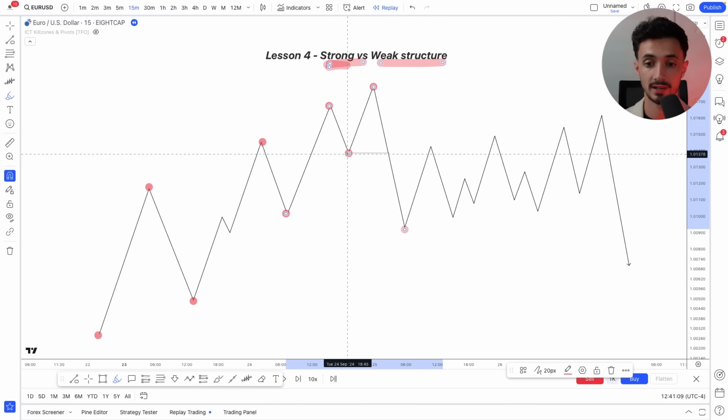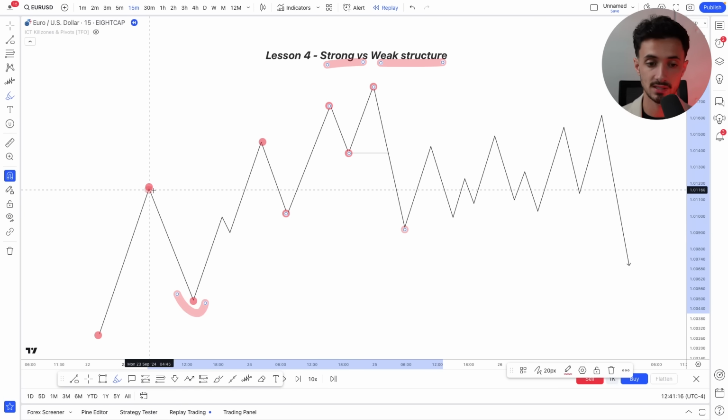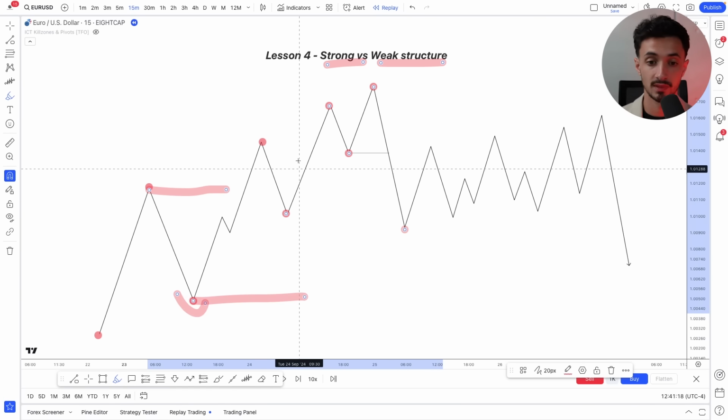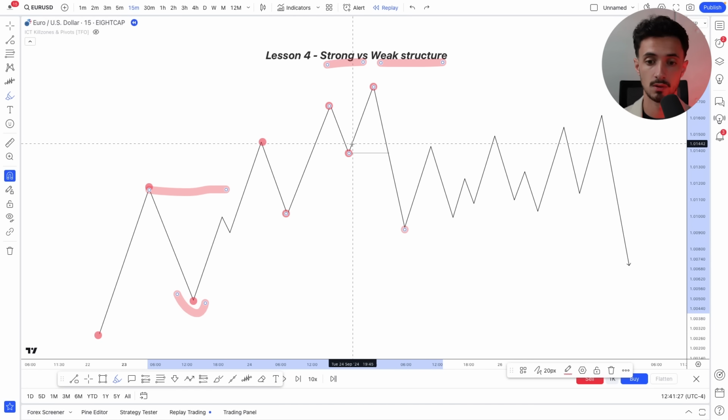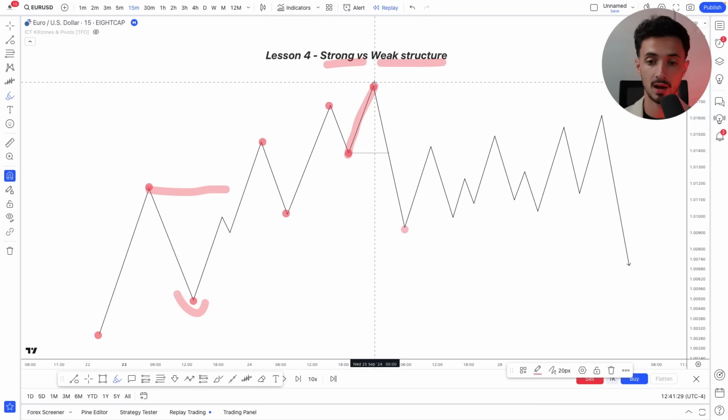Strong structure, break structure. If a structure point breaks something important, if a low breaks a high, it's strong. If a high fails to break a low and then we start reversing, it's weak. It becomes targeted. If we are pro trend, right? So we have higher high, lower low. Immediately, this is strong.